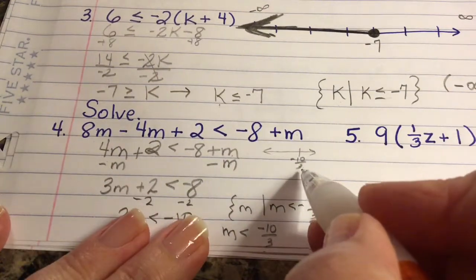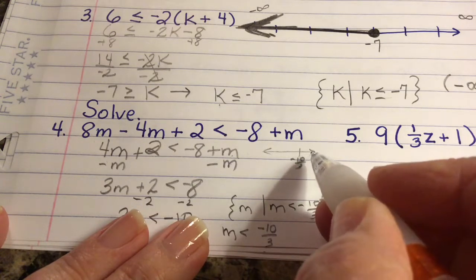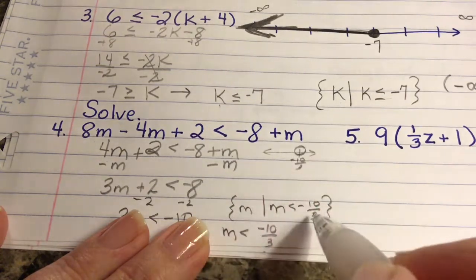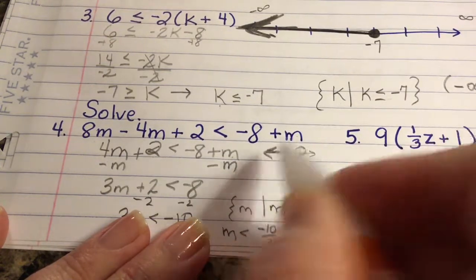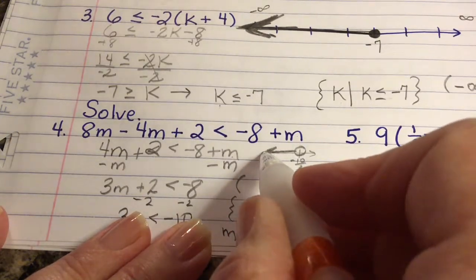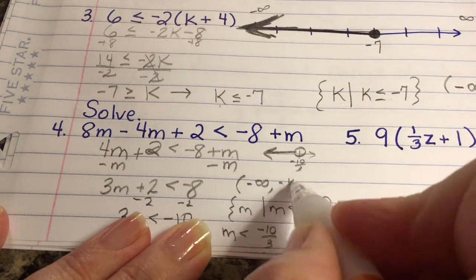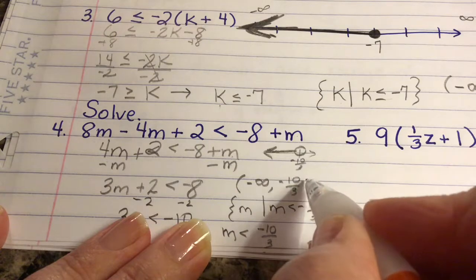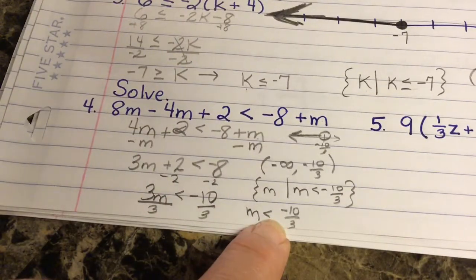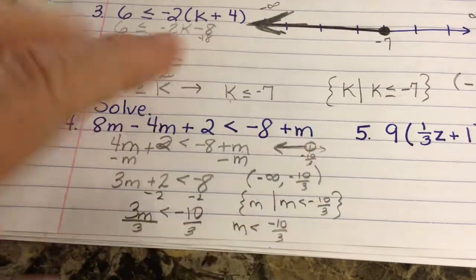It would be between -3 and -4. Anyway, it would be an open circle and shade to the left. So if I want to put it in interval notation, reading my number line, it goes from -infinity to -10 thirds. -10 thirds is excluded, so I put a parenthesis. So here's my solution, just the way you've been learning. Here's set builder notation. Here's interval notation.